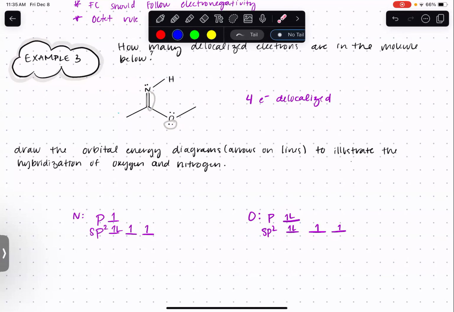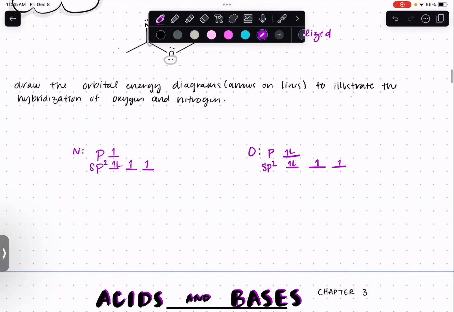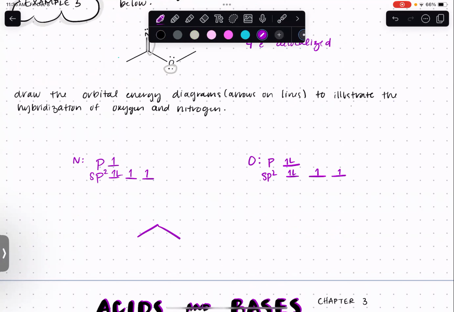Could you draw the resonance form, like how we will have to demonstrate that? Yeah, so that would be something like this, where we have our nitrogen, our hydrogen, our oxygen. And what can happen here is we can have this lone pair on the oxygen push over, and that's going to put another lone pair on my nitrogen.